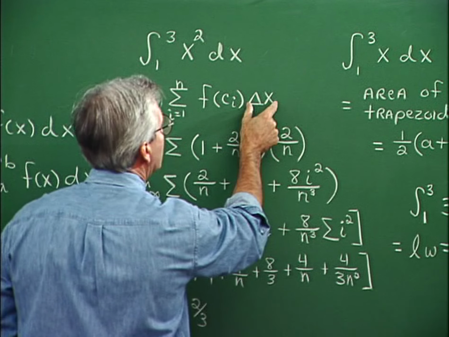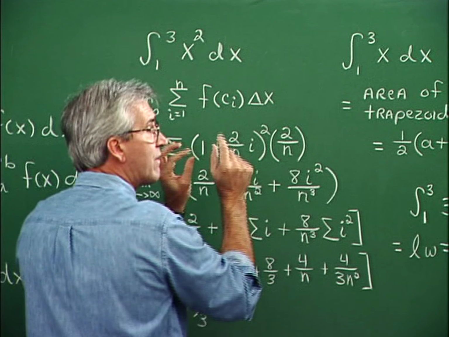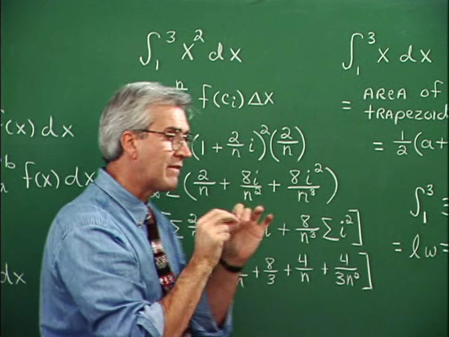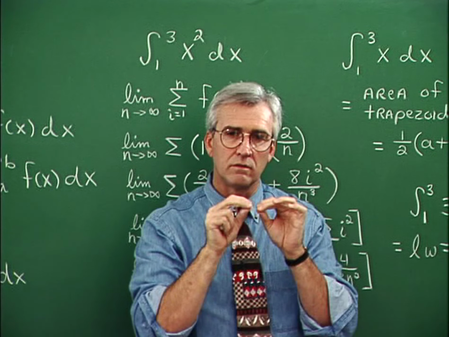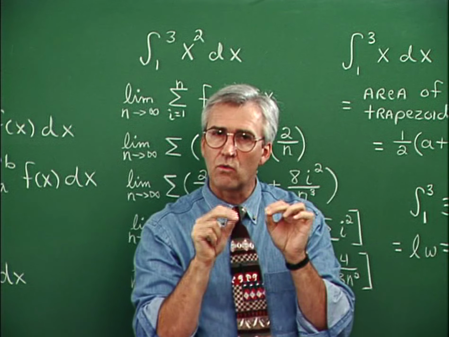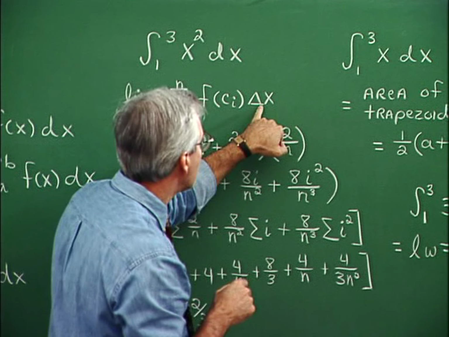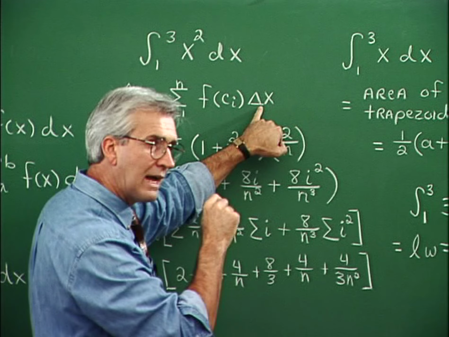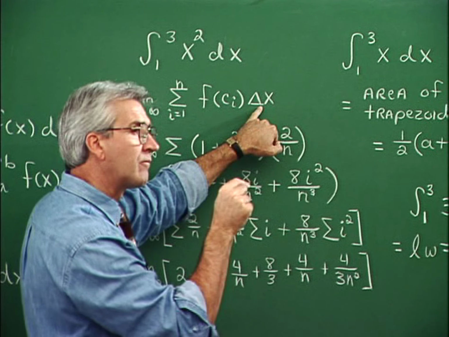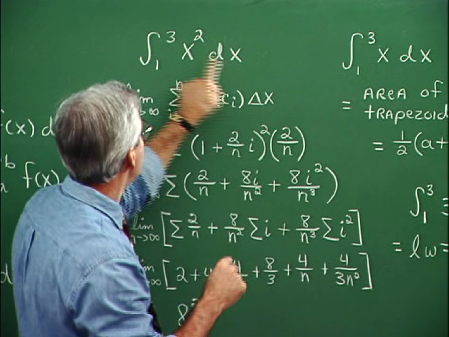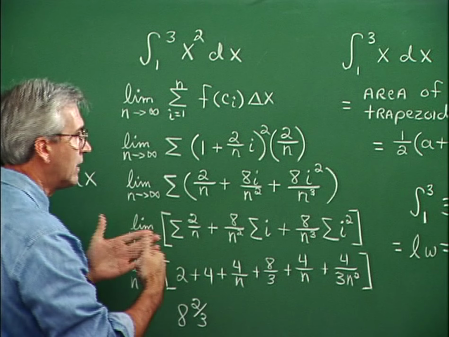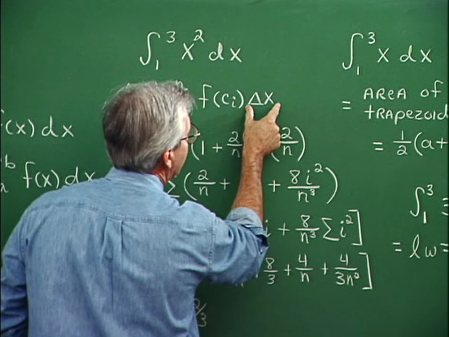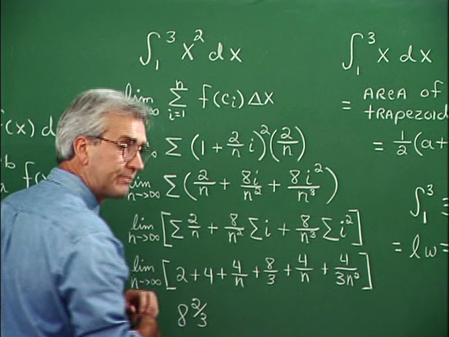I'm using delta x, as we are fixing the width of each subinterval, or the width of our rectangles here. And that value is established as delta x equals b minus a over n, b being 3, a being 1. 3 minus 1 is 2, so 2 over n. All right, so we have delta x is 2 over n.